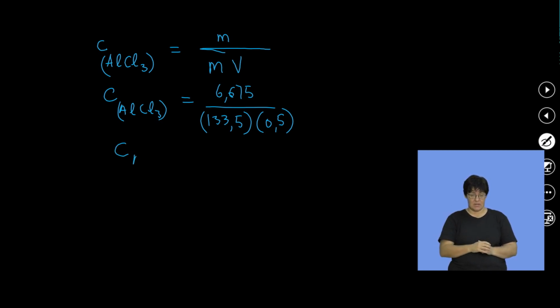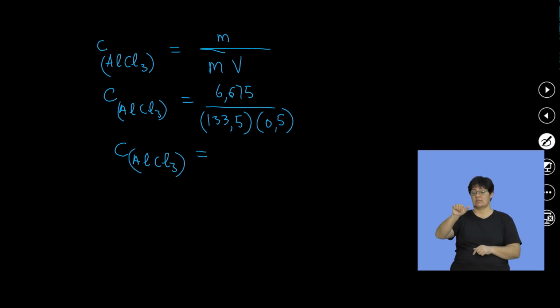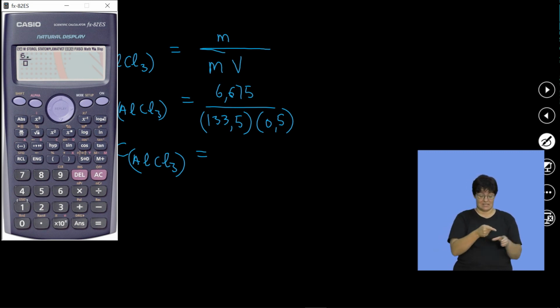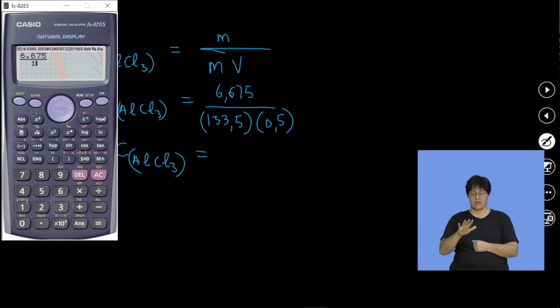So the concentration of the aluminium chloride becomes, if we can quickly punch that in, 6.675, which is the mass of the sample, divided by the product of the molar mass and the volume, which is 133.5 multiplied by 0.5.